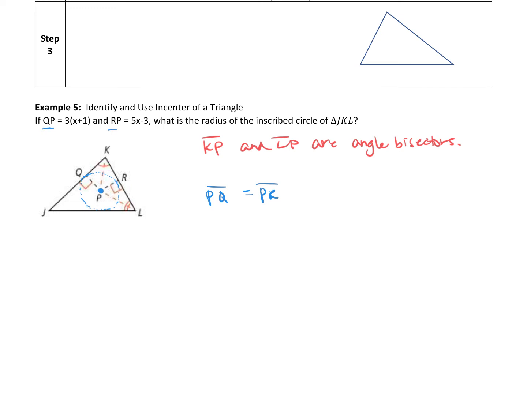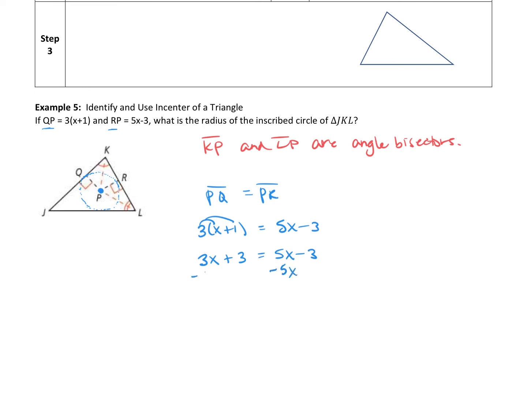They told us what those segments are, so we can write an equation with that. PQ, well, they said QP is 3 times x plus 1. We'll set that equal to PR, which is also RP, 5x minus 3, and then we can solve. We'll go ahead and distribute the 3. 3x plus 3 equals 5x minus 3. Now we have x's on both sides of our equal sign, so let's get those to the same side.